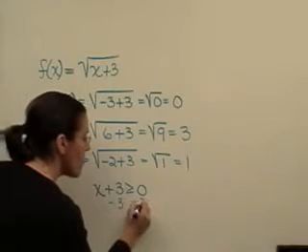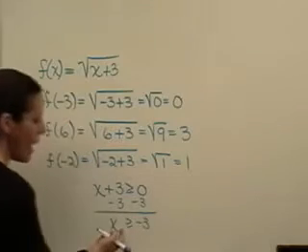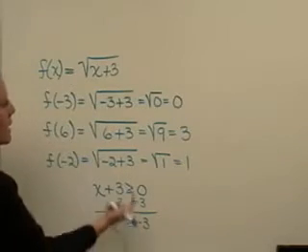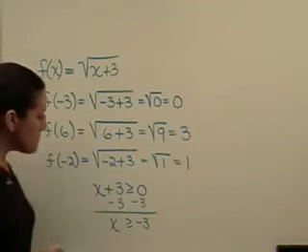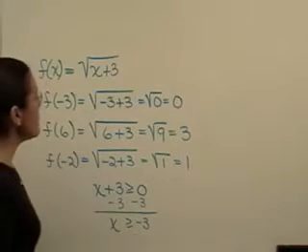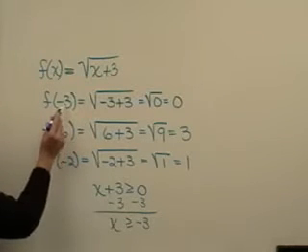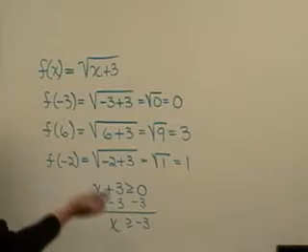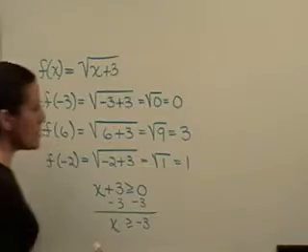I'm going to subtract 3 from both sides, and I'm going to find out that the domain of this expression are values that are greater than or equal to negative 3. Those are the kinds of numbers that I can put into this expression. Notice that I did put values of negative 3, negative 2 and a positive 6, values that were greater than or equal to negative 3, into this expression.